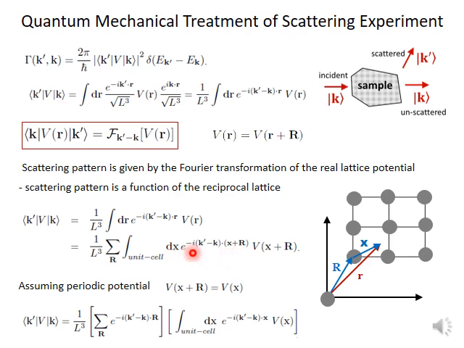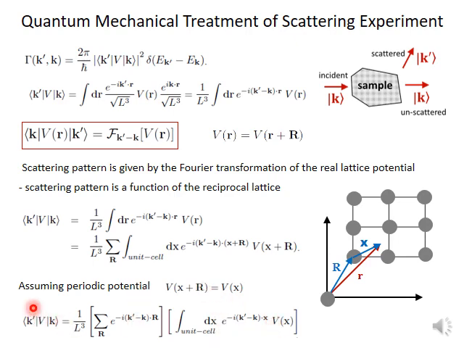So k prime minus k dotted with R doesn't depend on x, and the integral is over x, so the factor with k prime minus k dotted with capital R can be taken out of the integral, and what you are left with in the integral is something like this. Of course, v of x plus R is replaced by v of x. So this makes the whole matrix element a lot easier to interpret.